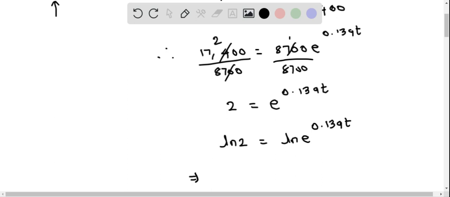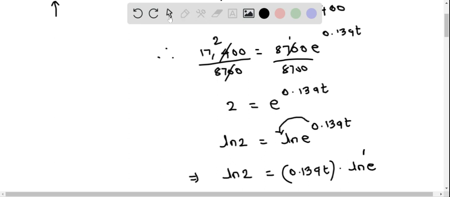And so this gives natural logarithm of 2 equals, we can apply the power rule, so this expression comes in front. So it becomes 0.139 t times natural logarithm of e. We know that natural logarithm of e is 1, so I can just remove this from the expression.